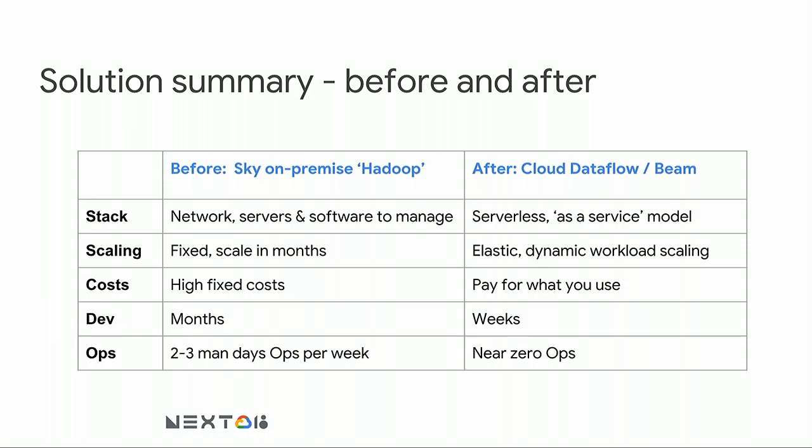One of the biggest improvements has been in development time. Before, with the fixed size system on-premise, it was almost impossible to recreate that production workload, especially with multiple workloads running on the same system. So development time took a long time because it was very difficult to test things and replicate the production workload.